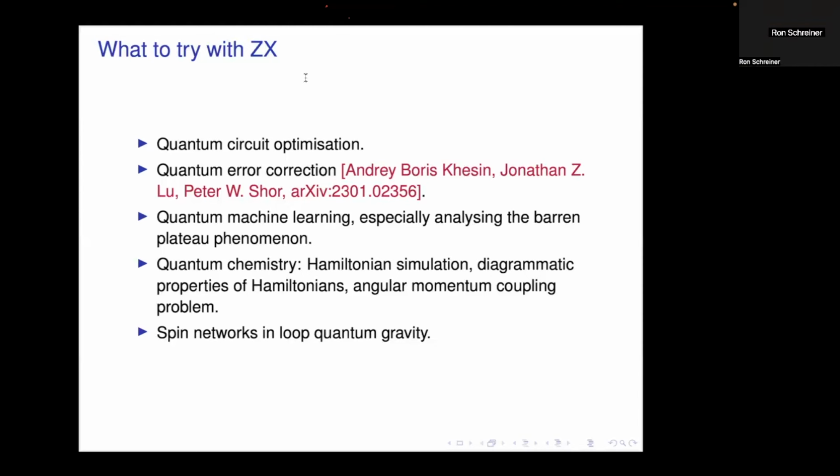Thanks for this presentation, Harry. This ZX calculus defines processes, and you had a mechanism for mapping them onto qubits. Is there also a way to map them onto something other than qubits? Yeah, that's a good question.